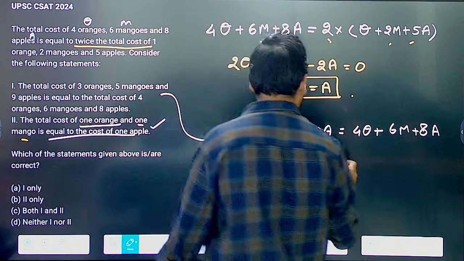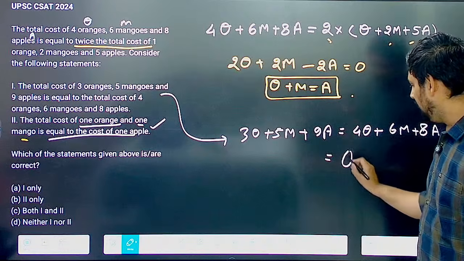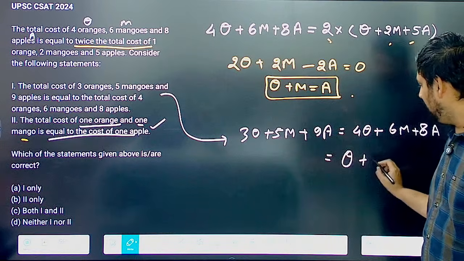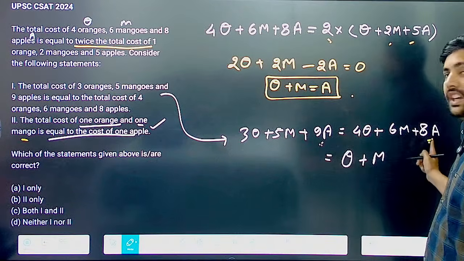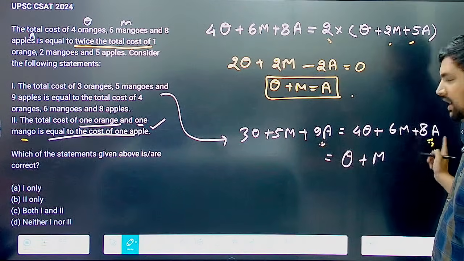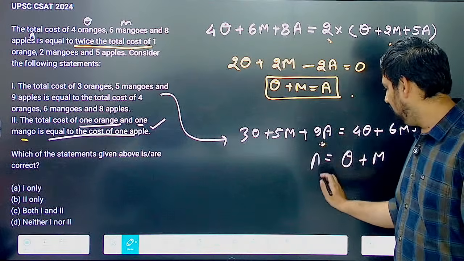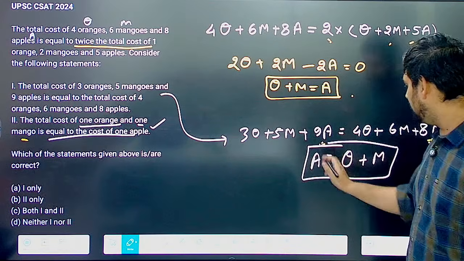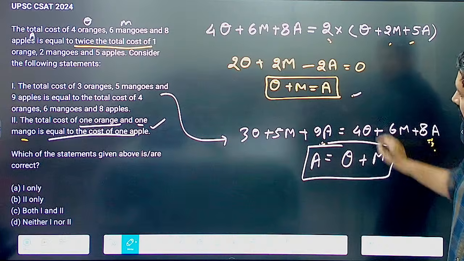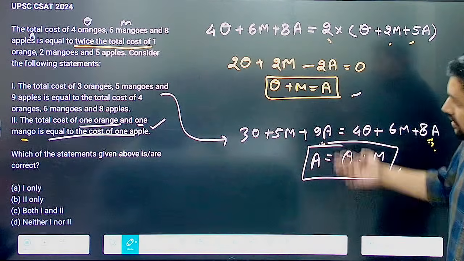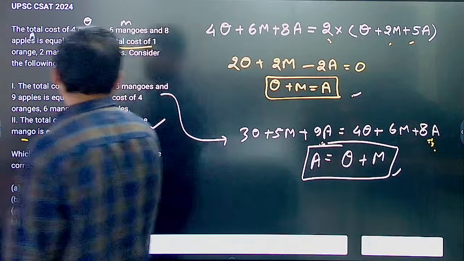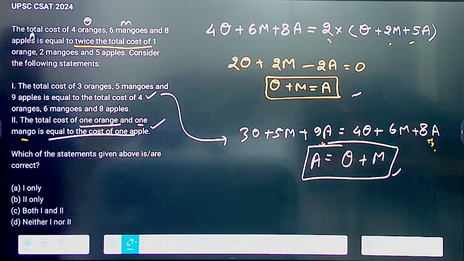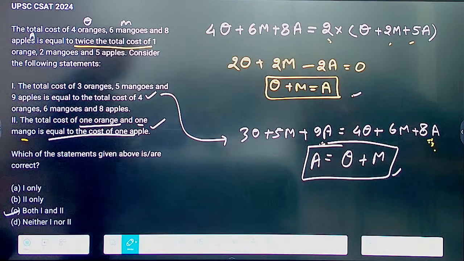So what it becomes? 4 orange minus 3 orange is orange, then 6M minus 5M becomes 1M, 9A minus 8A becomes A. So what you got? A is equal to O plus M. Isn't this the same? Correct? So this equation also is the same as the original given statement. So this is also correct. Answer becomes both 1 and 2 are correct.